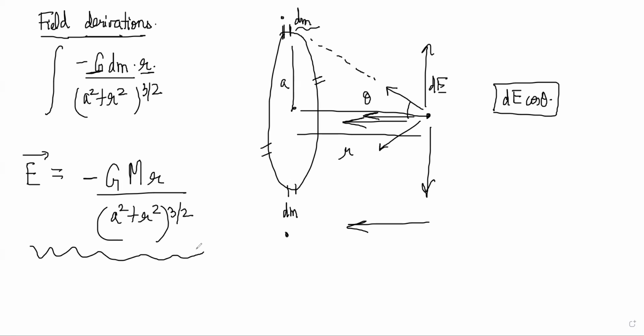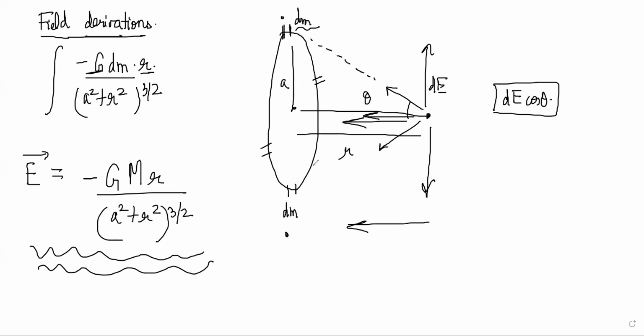Similarly, he has derived the disk. It should be obvious what he has done. Nothing major. Take a disk as made of small rings. And you are going to use the formula for field due to a ring. This is the formula for field due to a ring at a point at a distance r on the axis. You are going to use this formula and integrate it for rings where the radius keeps varying.